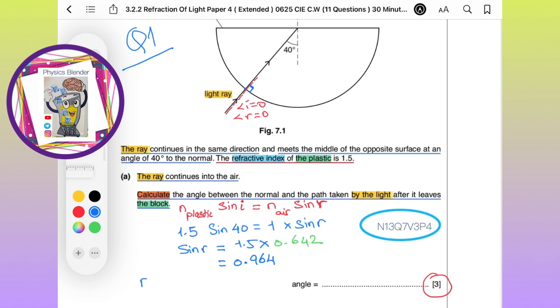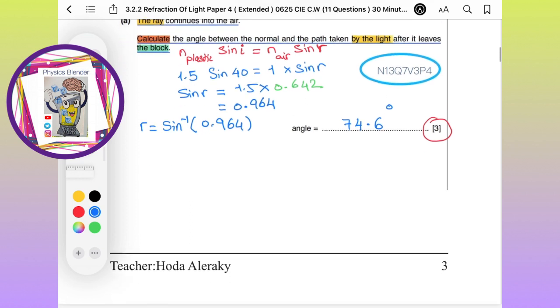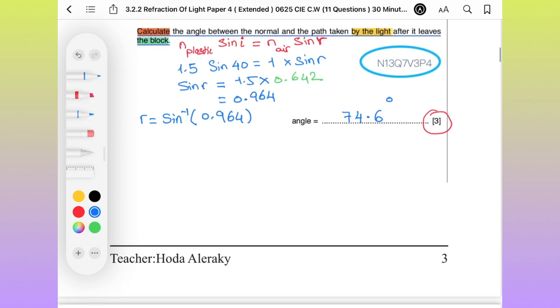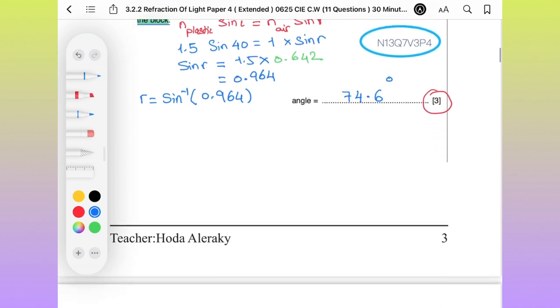R is equal to shift sine of your answer, which is 0.964. So angle R is equal to 74.6 degrees. Okay? So this is the first part of our question. You have to show your working.